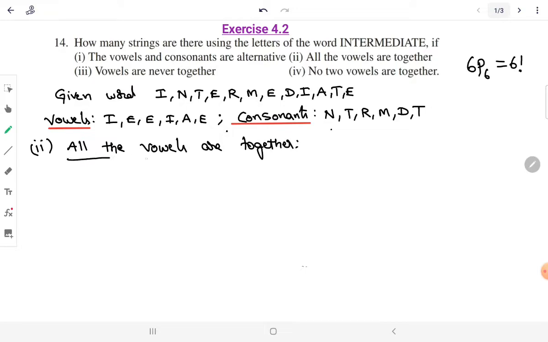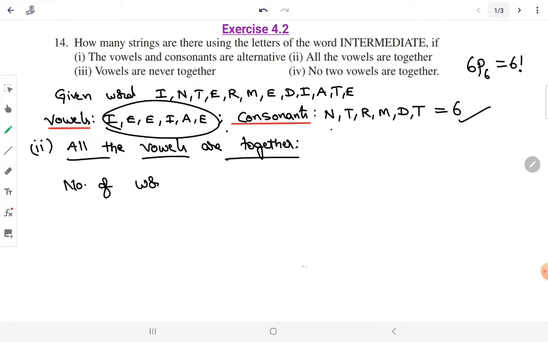Now here consonants are totally 6. Now since all vowels are together, you should consider the vowels as one unit. Okay, so now all vowels one unit plus 6 consonants, so totally 7. So the number of arrangements, or the number of words, are nothing but total 7 factorial, because all the 6 consonants and all the vowels together we can consider as one unit.